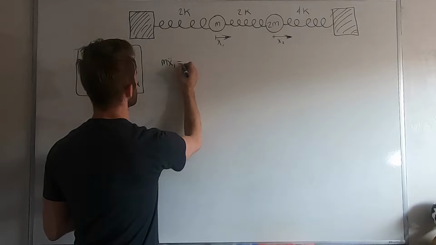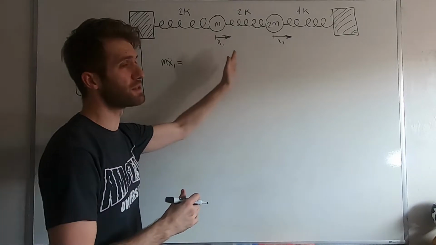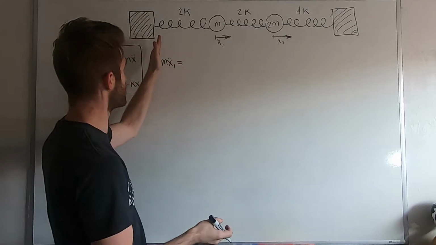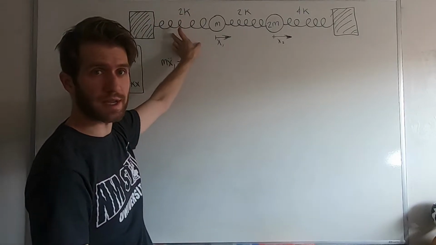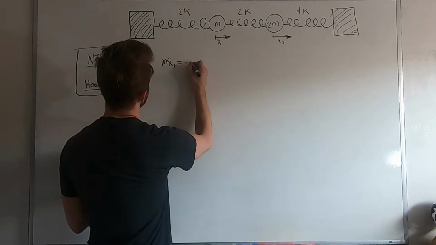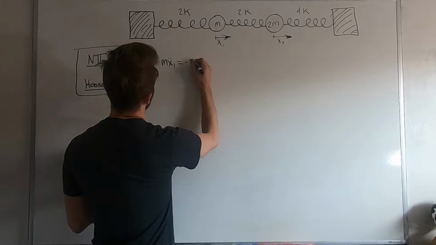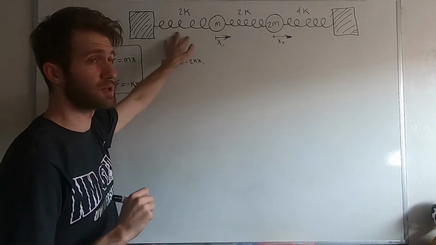And this is going to be equal to the force that is exerted in the opposite direction. And because our spring constant on this part of the spring is 2k, that is what we're going to be using. So we're going to use negative 2k x1 for our first one.